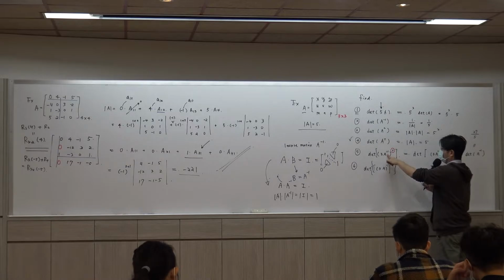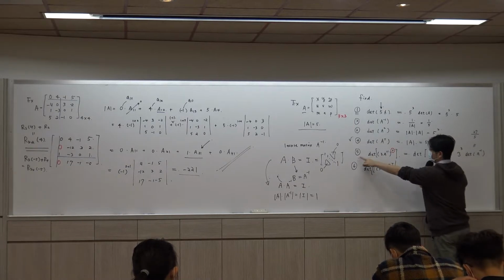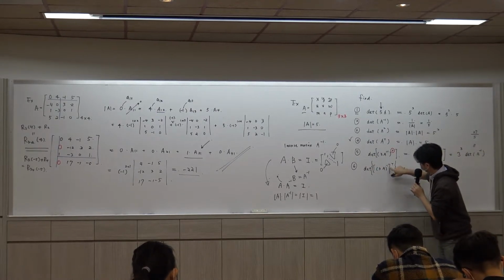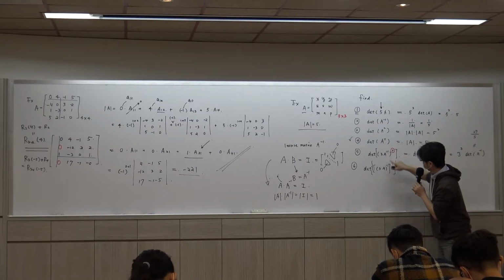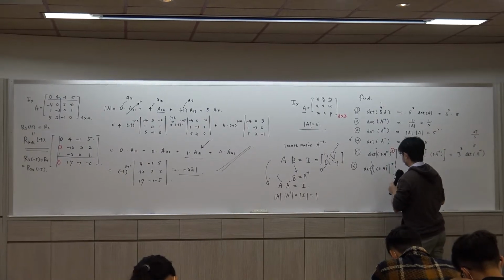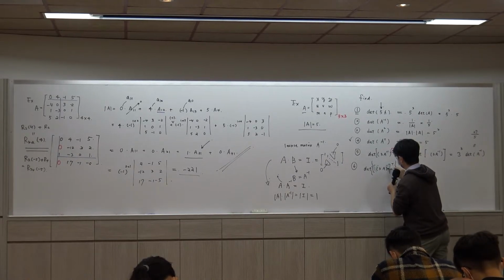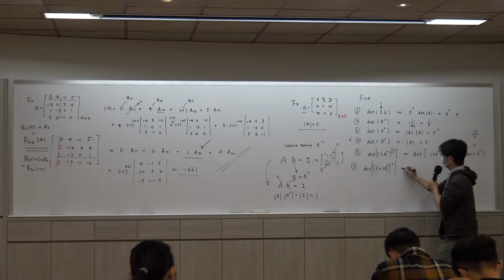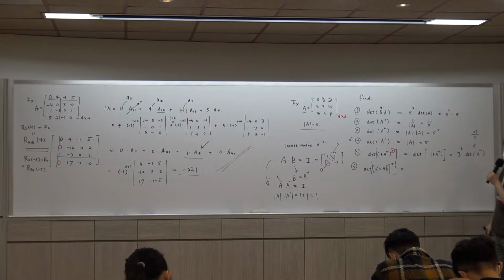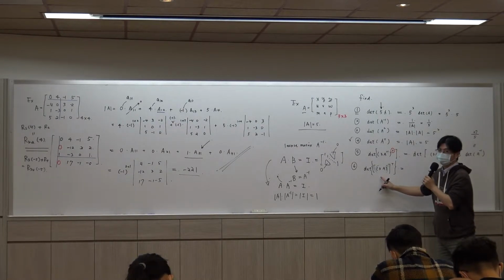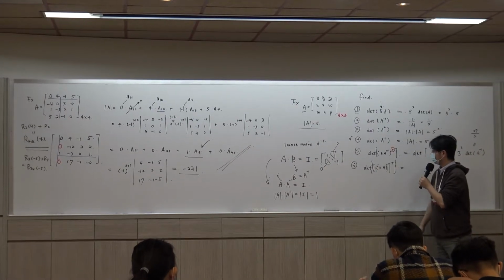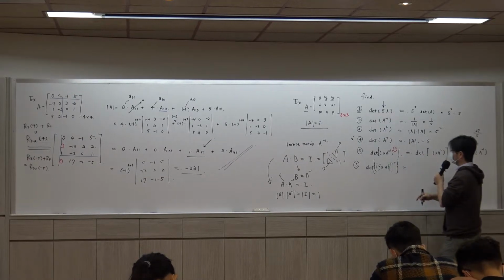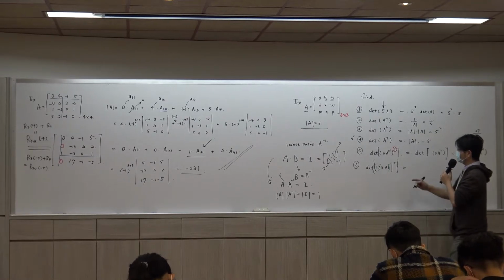Let's look at the inverse matrix here in example number 5. If the inverse matrix is like this, how do we solve this determinant? Similarly, the transpose of the matrix will not change the value of the determinant.